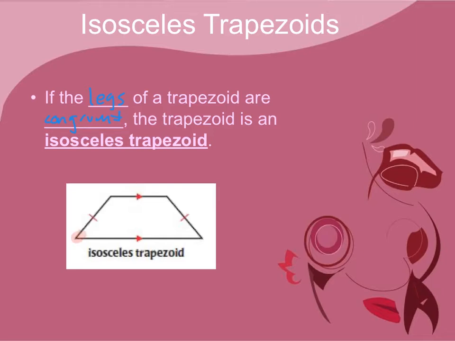So if we look at the legs here, this one and this one, are these two lines parallel? No. But in an isosceles trapezoid, the two legs are congruent.